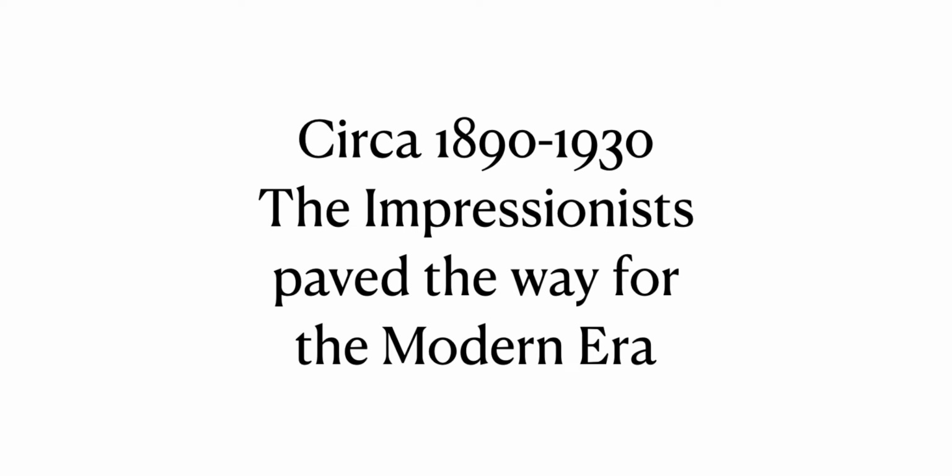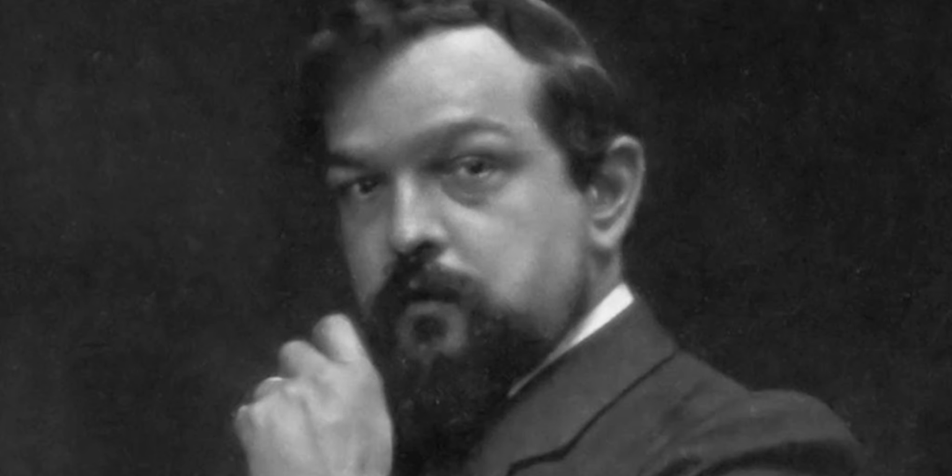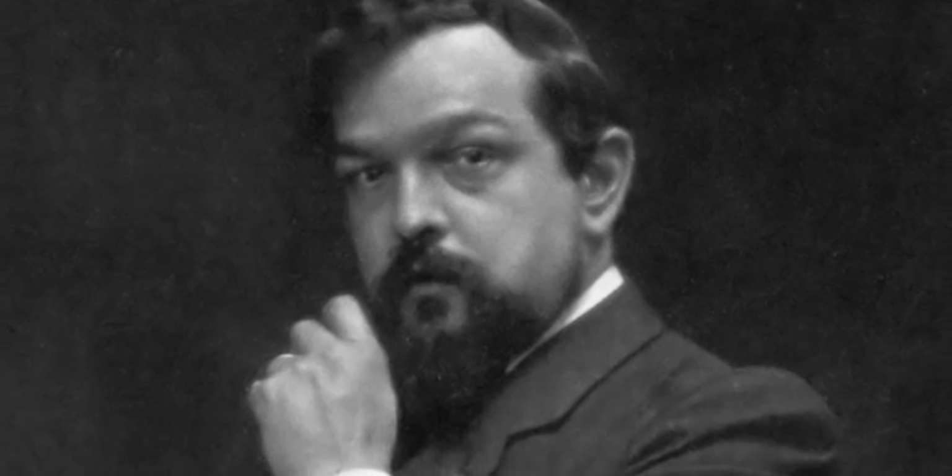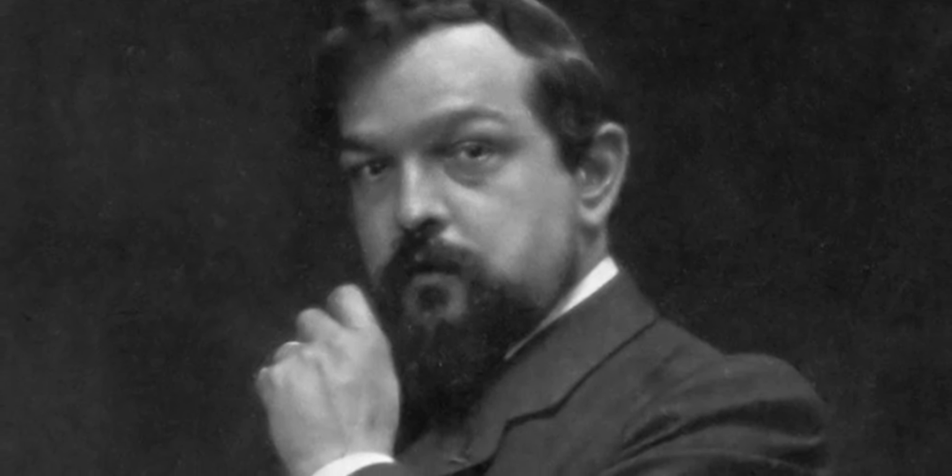From about 1890 to 1930, this style of music paved the way for what we would call the modern era. The two most famous composers of this style of music were Maurice Ravel and Claude Debussy. They both began their work in the late 19th century and on into the early 20th century.